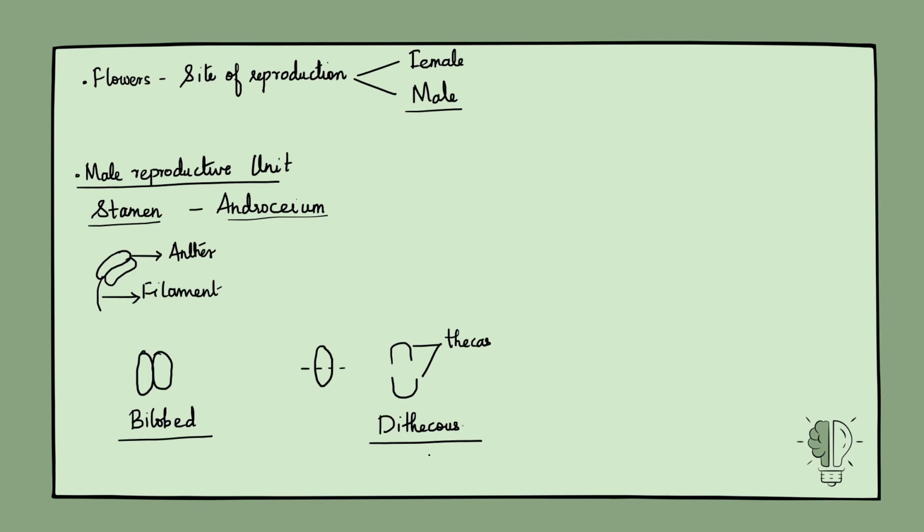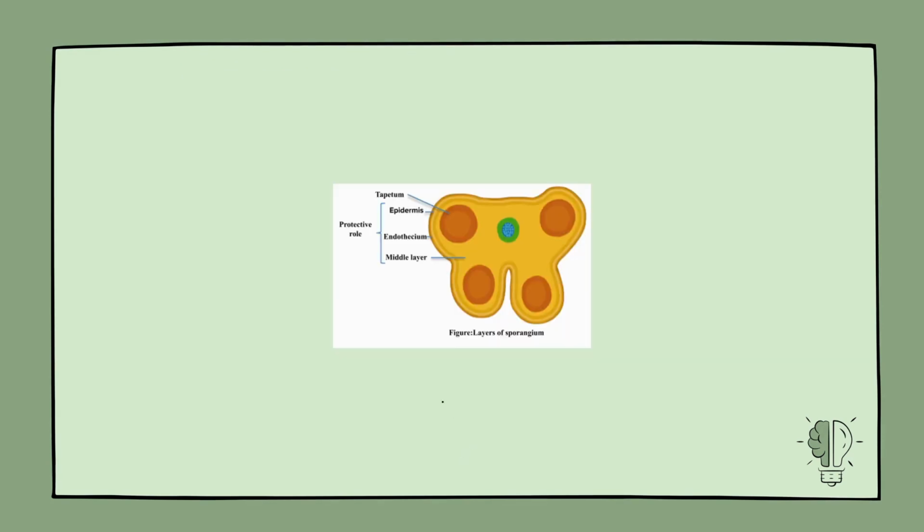All right. Now let's see what an anther looks like. Here you can see that the anther has four sides, right? These are the four sides, and within the anther there are microsporangia.